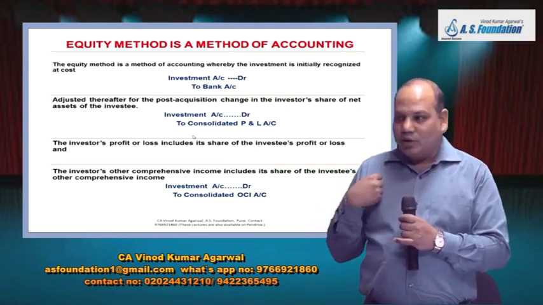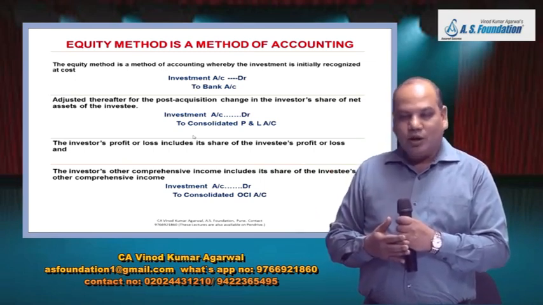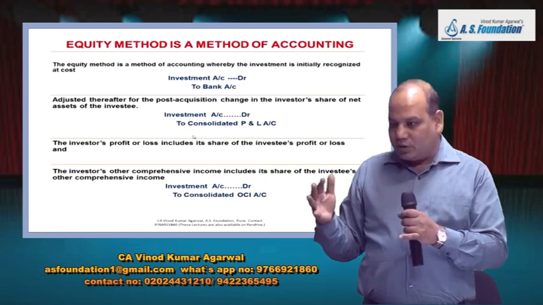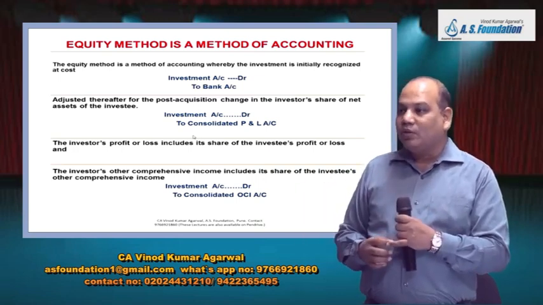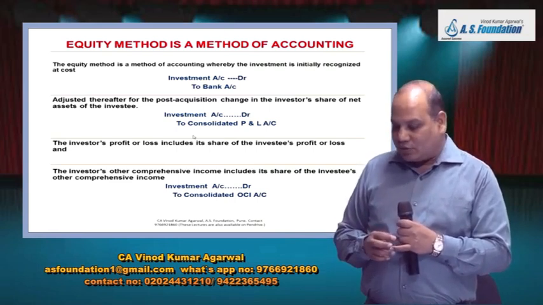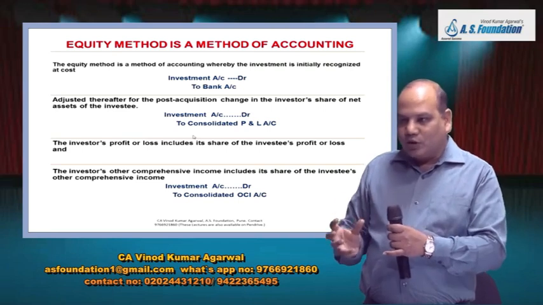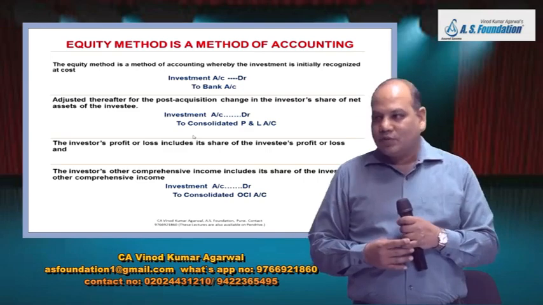We might be just one director out of 7. So our involvement with the associate is much lower compared to our involvement with the subsidiary. Our control or our influence over associate is much lower than our influence over the subsidiary.